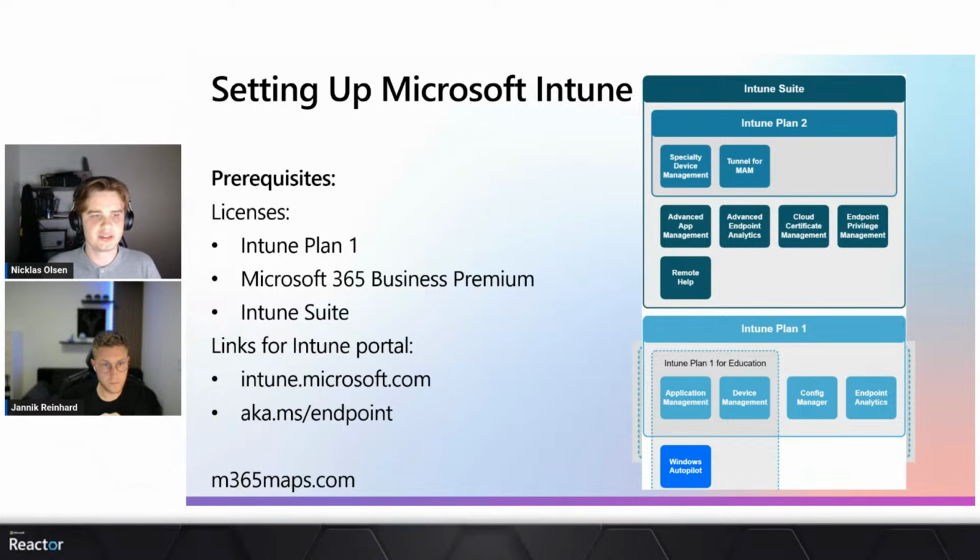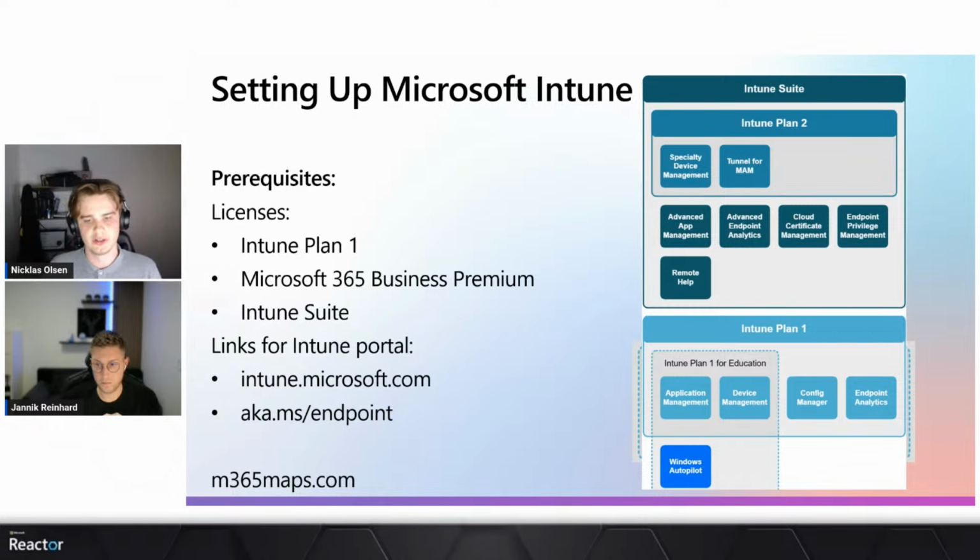Other than the licenses, if you want to enter the portal, you can go to endpoint.microsoft.com, which was the old name, but you can also go to intune.microsoft.com, or if you would like to use the short URL, aka.ms/endpoint as well. And lastly, I just want to give a little shout out to M365 Maps.